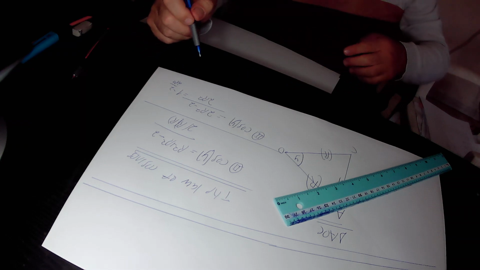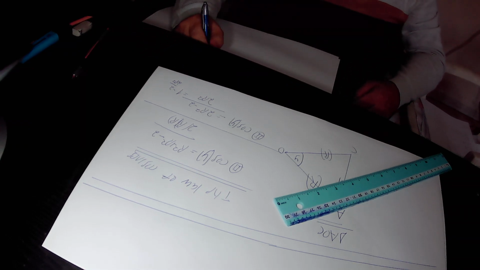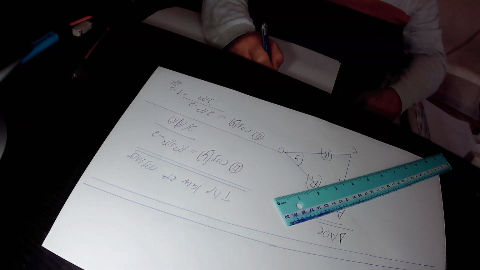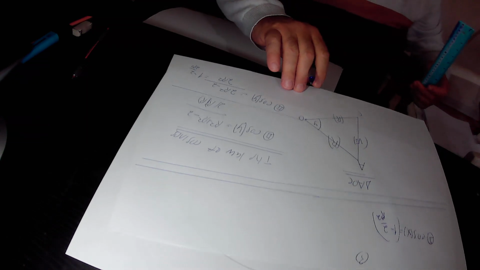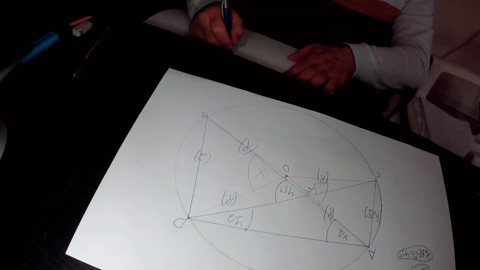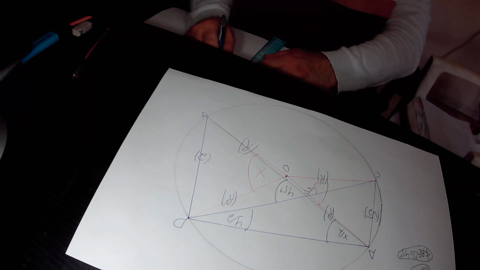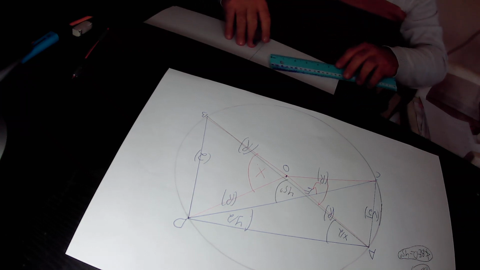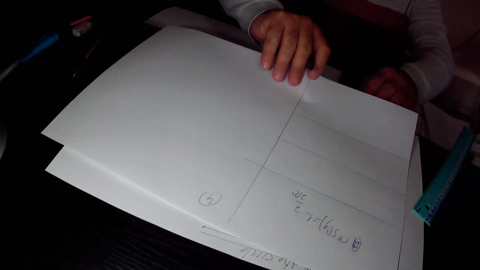So according to equation 2, we have found out that cosine y equals 1 minus 2 over 2R squared.